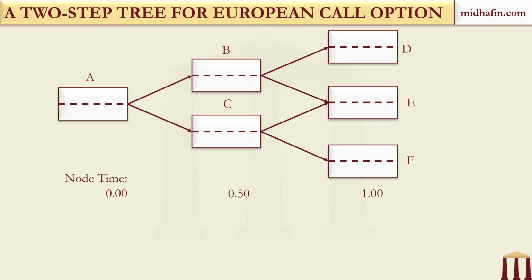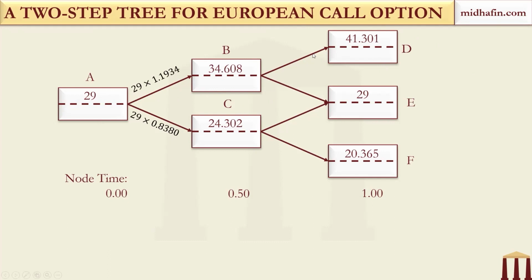In those cases, you will have 4 outcomes, D, E, F, G. But in the case of options, we usually use the recombining binomial tree and we have 3 outcomes, so 2 outcomes combine. The next step is to find the possible stock prices at all nodes A, B, C, D, E, and F. So this is done. 29, then it goes up, it becomes 34.608, it goes down, it becomes 24.302. How is it calculated? 29 times the up factor for the up price, 29 times the down factor for C.